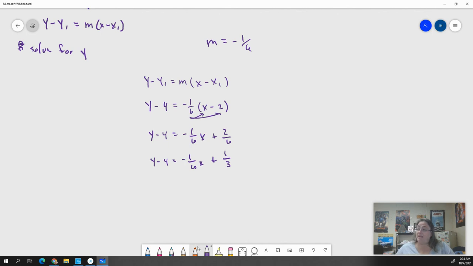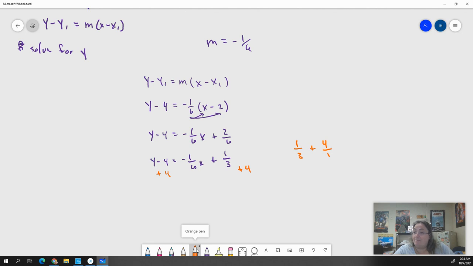The thing I have to do is I have to move this 4 over. I have to add 4 to both sides, right? Which means what? To add 1/3 and 4, I have to find a common denominator, right? So think about that. I have 1/3 plus 4, right? Think of it as 4 over 1. What would my common denominator be? It could just be 3. Right?